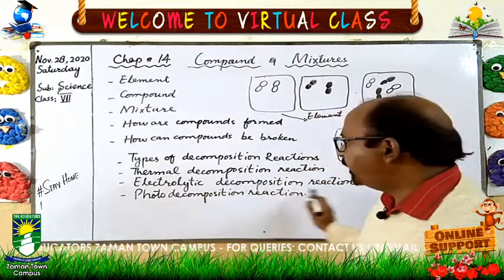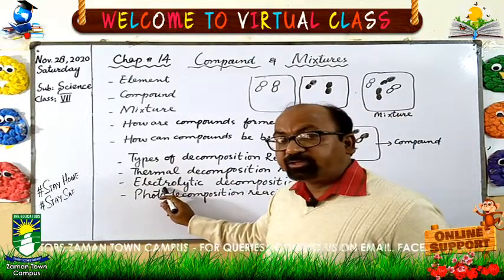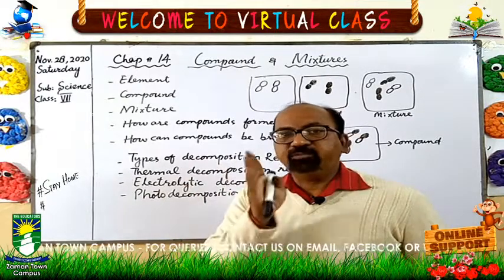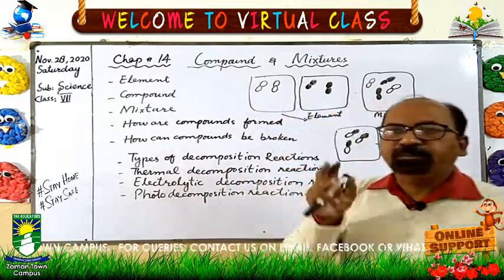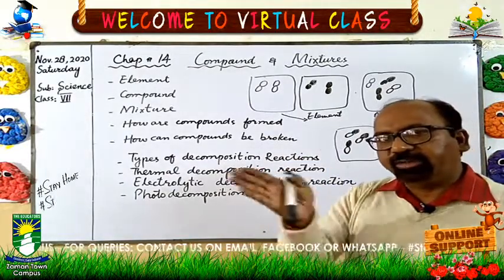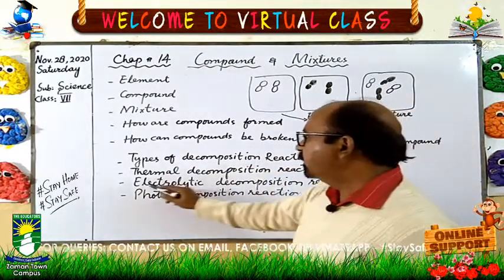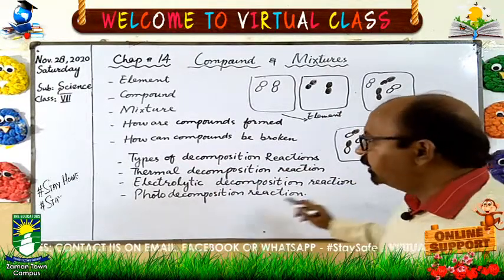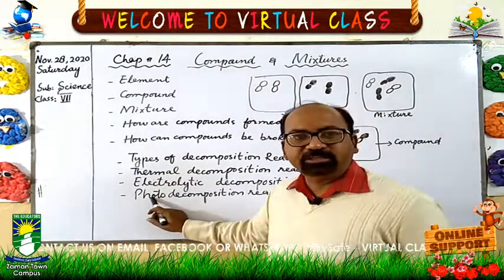Electrolytic decomposition reaction. Electrolytic means electricity. When we provide electricity, compounds can also break down into smaller pieces, so it is called electrolytic decomposition reaction. Photo means light.